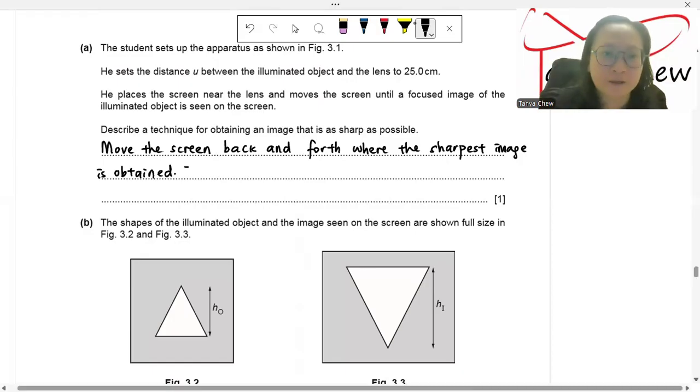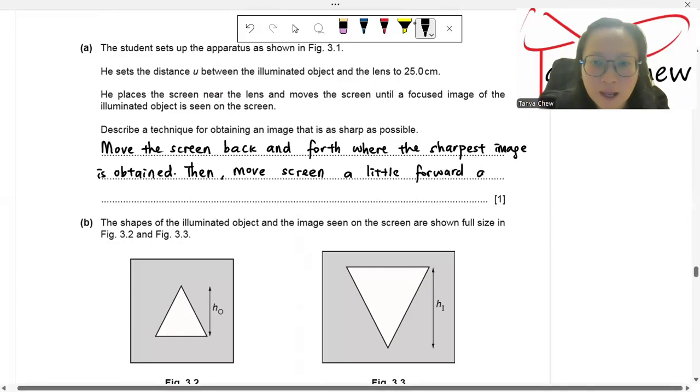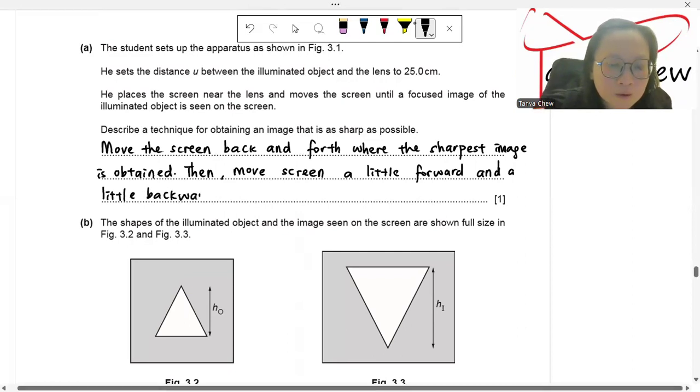And then once you determine, oh, that is the sharpest image, then you move the screen a little forward and a little backward to confirm the sharpest image.